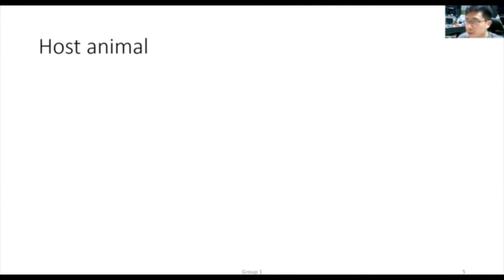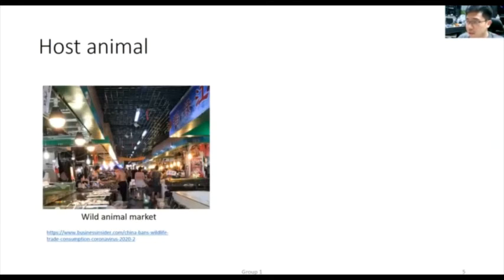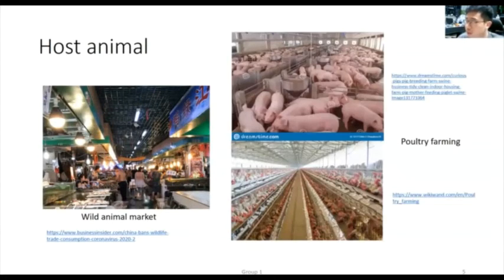So let's consider the host animal. As you can see in some media, the wild animal market in Wuhan City is one of the first places linked to the cause of COVID-19. So controlling the wild animal market is also one problem. Another is poultry farming. Why?